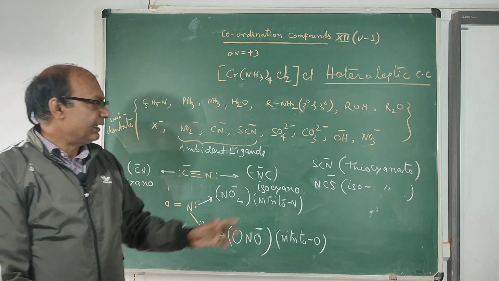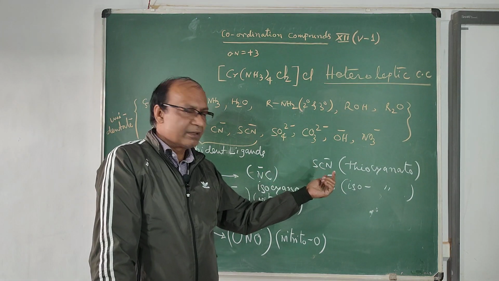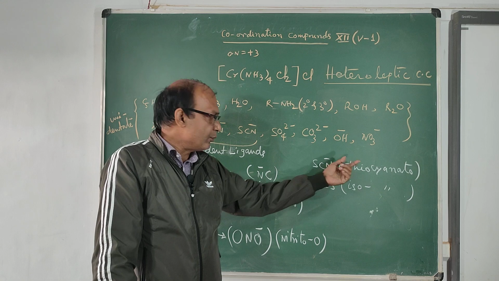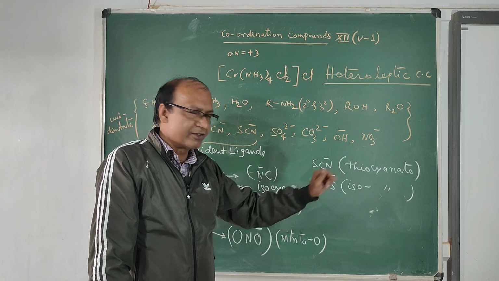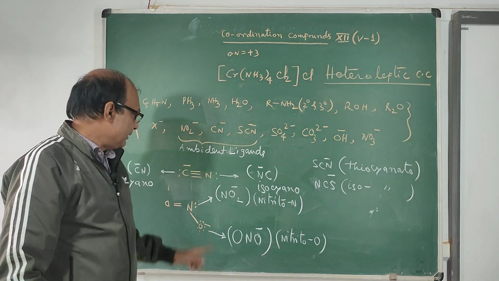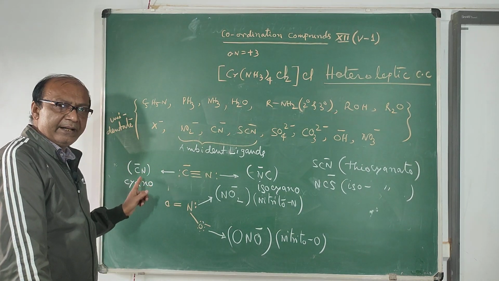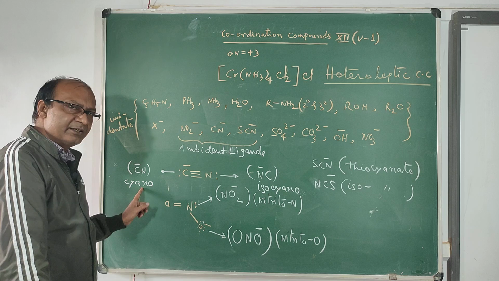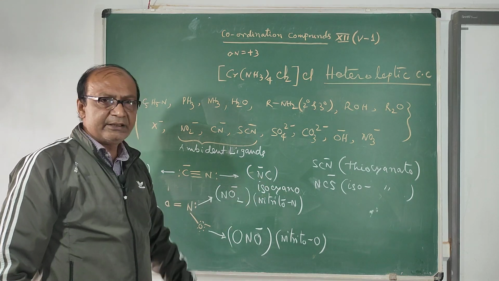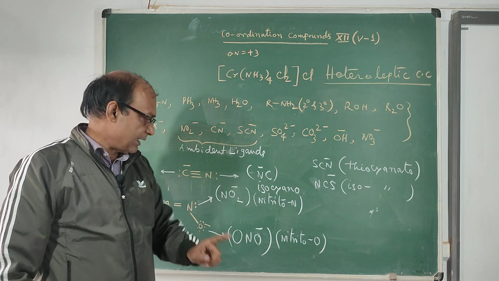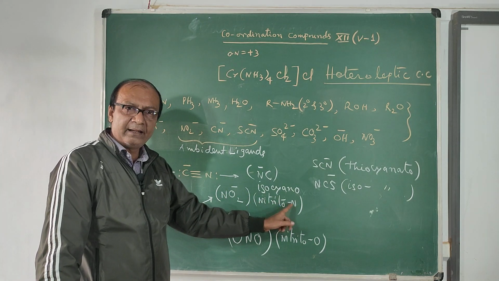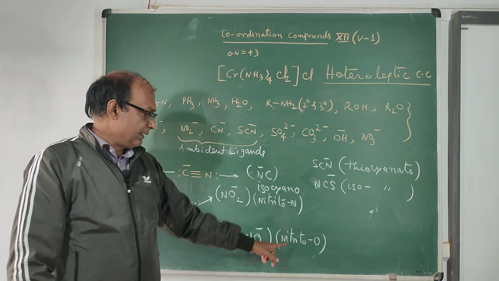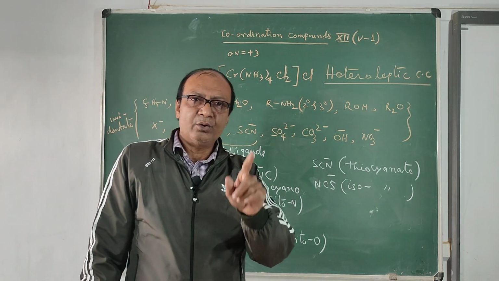And similarly, while writing the formulas, if we write SCN, you will understand thiocyanate. If we write NCS, you will understand isothiocyanate. If we write CN, you will understand it is cyano. If we write NC, you will understand it is isocyano. If we write NO2, you will understand it is nitrito-N. If we write ONO, you will understand it is nitrito-O.